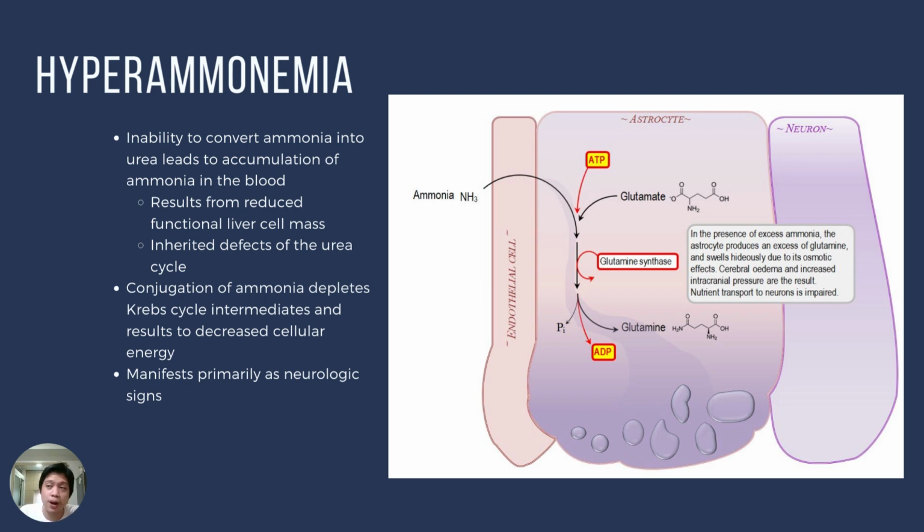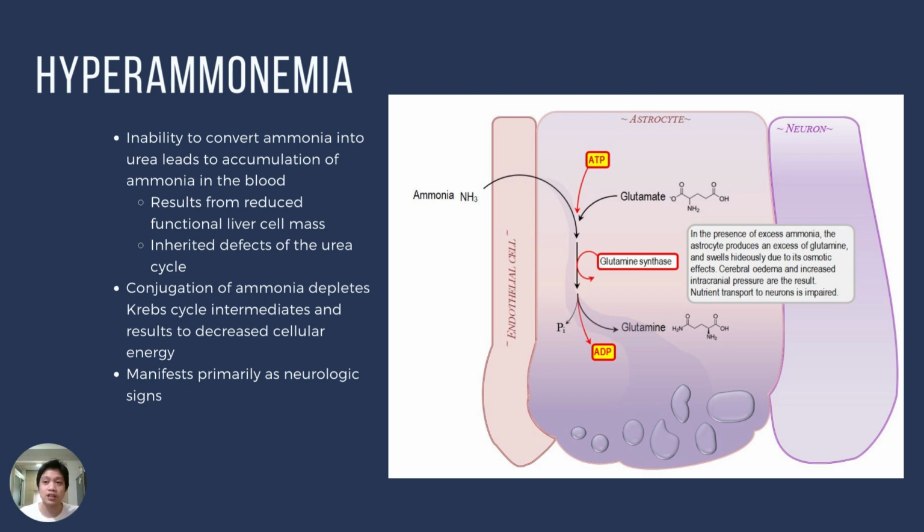So, the body would have to find a way to control the levels of ammonia, again because it is toxic. So the body converts ammonia into urea, which is eventually urinated and will be excreted by the kidneys. So in that way, the body removes excess ammonia, converts it into urea, which is then eliminated through the urine.